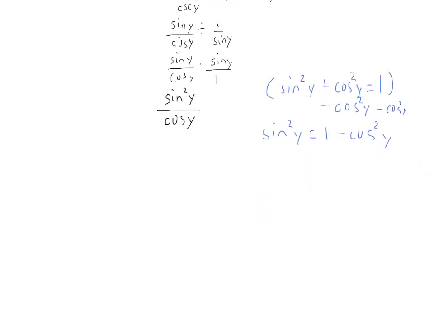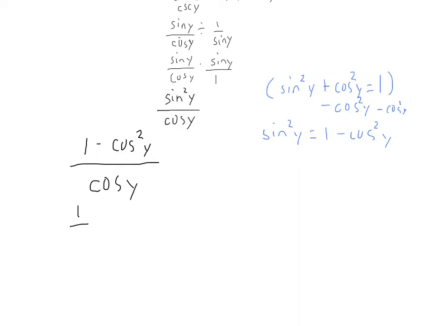So we have 1 minus cosine squared y, all divided by cosine y. Next, we're going to split that up.